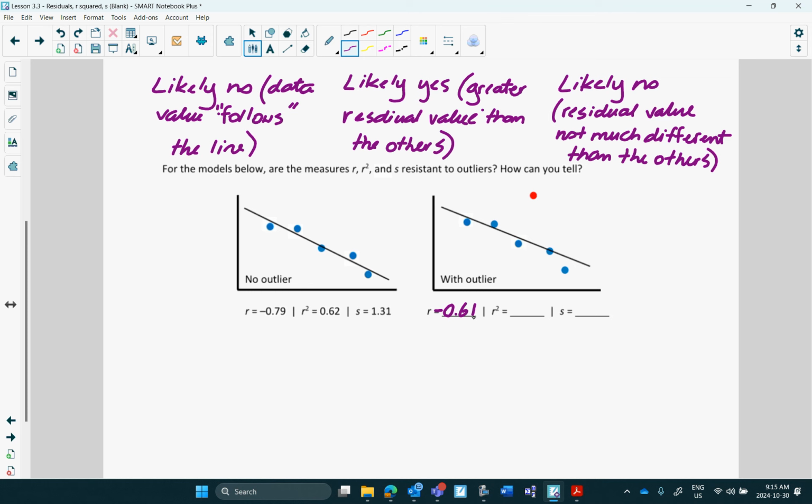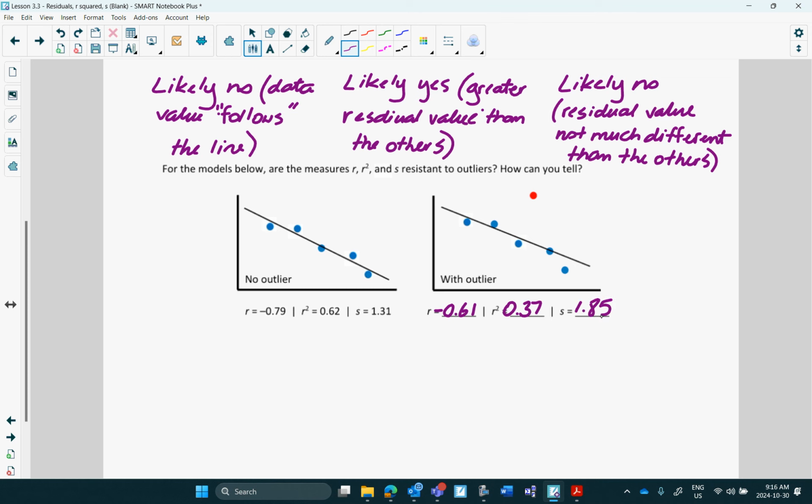What about R squared? It's going to get smaller, right? When you square this, you get 0.37. So only 37% of the variation between these two variables can be explained by the linear relationship. What about S? It's going to get a little greater, and it goes to 1.85.